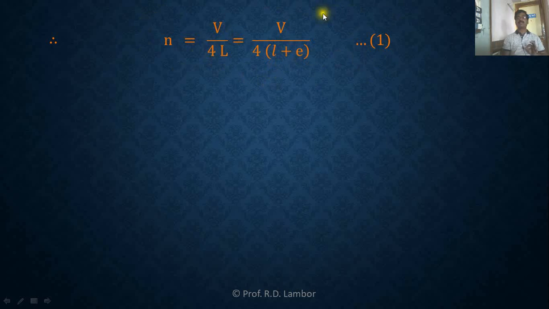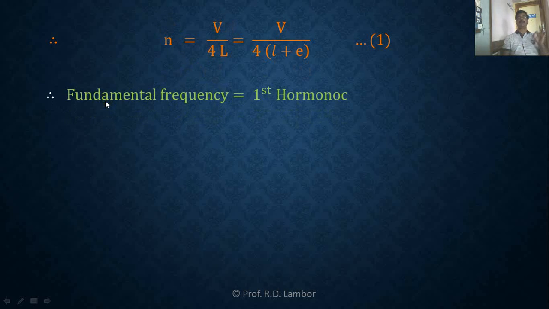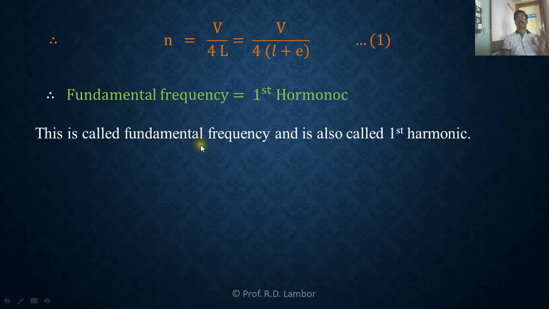So this is the expression for the fundamental frequency of vibration of that air column, which is called the first harmonic, n equal to V upon 4L. So therefore the fundamental frequency is the first harmonic, and this is called the fundamental frequency and also the first harmonic frequency.